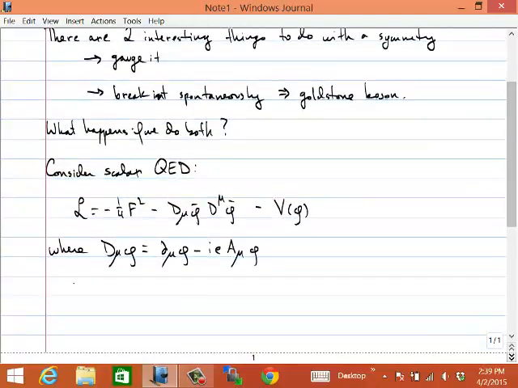So, for example, if you want the theory to be renormalizable, then V must be quartic in phi. And moreover, if you want to preserve this charge rotation symmetry, this gauge symmetry, then it has to be a function only of phi bar times phi, because that's the quantity that's invariant under a phase rotation. So the potential will have the form m squared times phi bar phi.